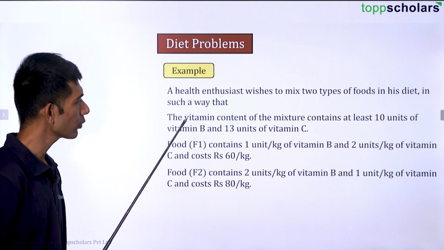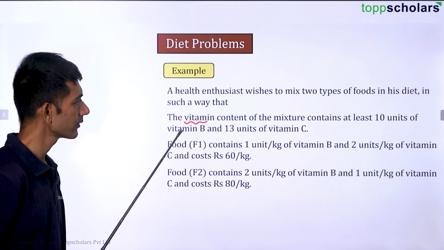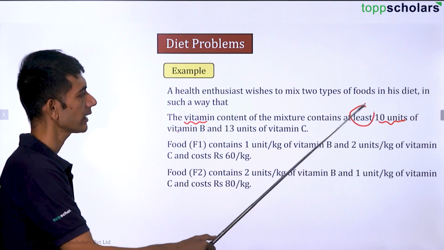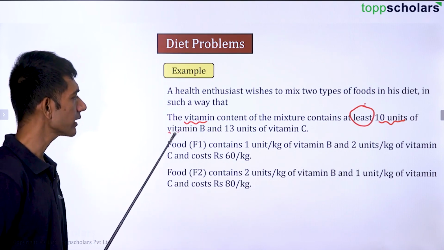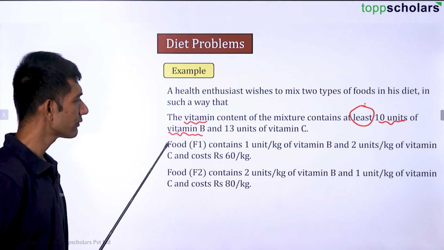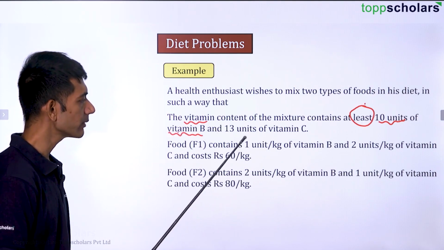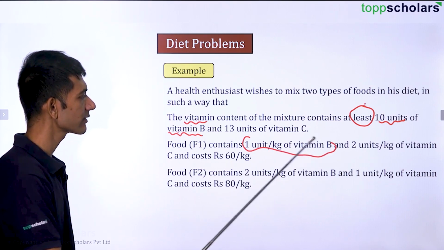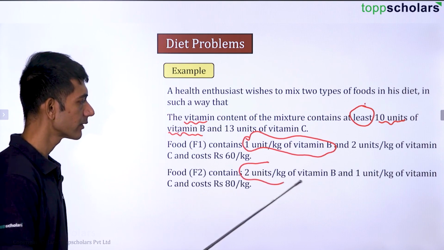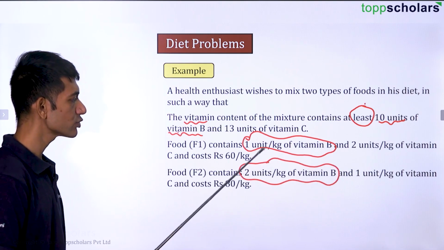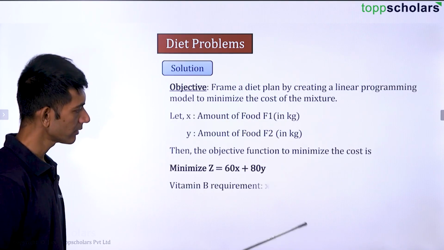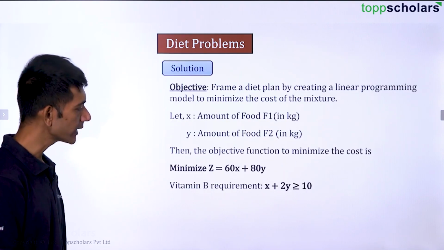Here we are talking about at least 10 units of vitamin B. Food F1 contains 1 unit of vitamin B, so this becomes 1 into X, which is X, and 2 units of vitamin B for food 2, which is 2Y. So X + 2Y ≥ 10.